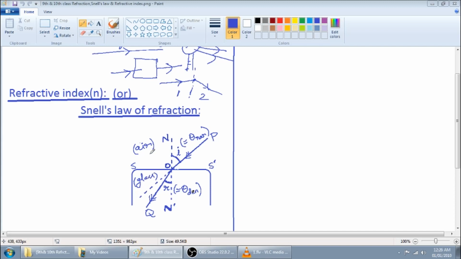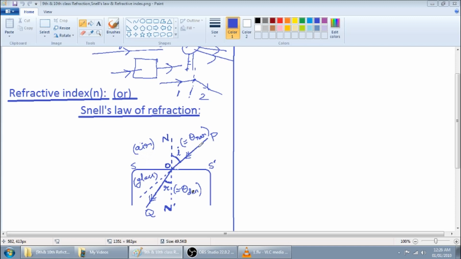The transparent medium air is of lesser density, and lesser density is called a rarer medium. Rarer means density is lesser; denser means density is more. So a less dense medium is simply called a rarer medium, the word used to denote a medium having lesser density. So air is called a rarer medium, and glass is called a denser medium.